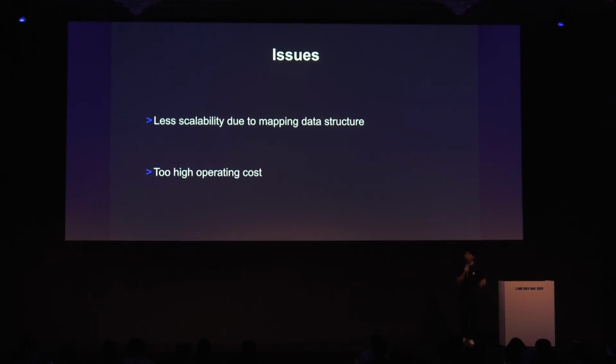And the other is that the operation cost is too high. Because the targeting is manual, extracting itself is really a big issue. And when we change the target, I think it is quite costly.